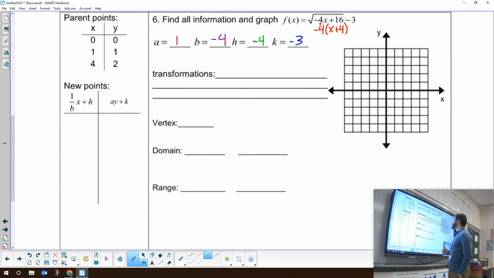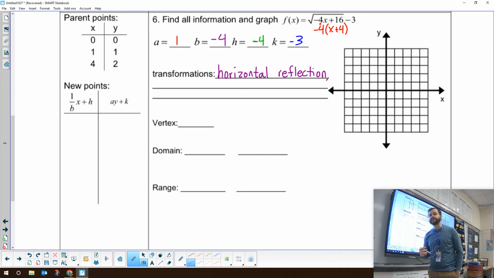All right, now my transformations. A is not going to give me any transformations, but B is. So first off, since it's negative, that means we're going to have a horizontal reflection. Okay? And then, since it's 4, that means, remember, B is backwards.